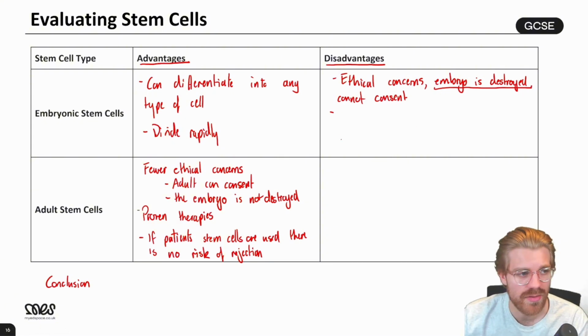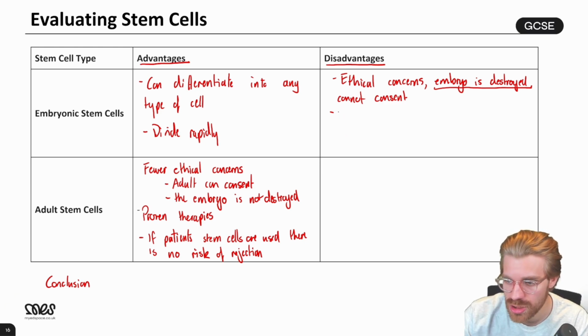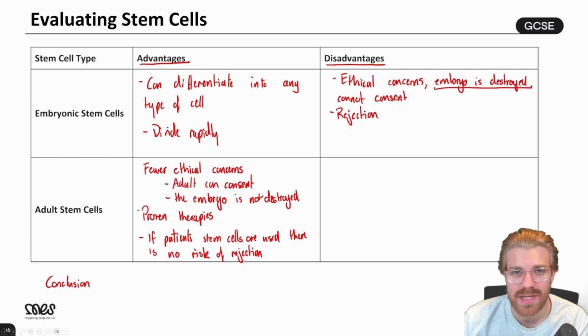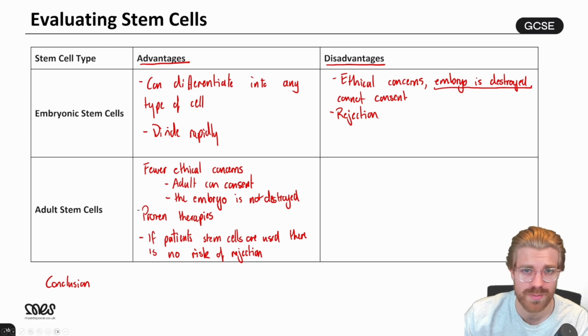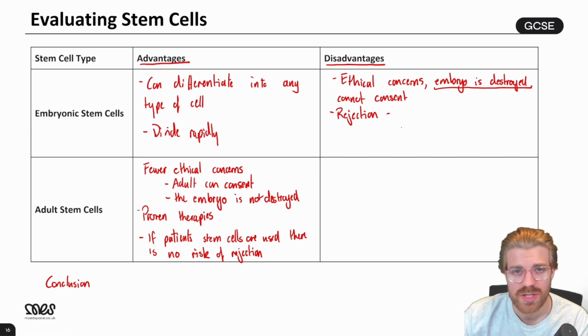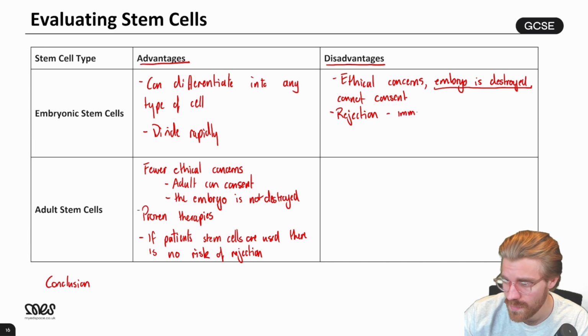In addition to that, other disadvantages are that there is a potential risk of rejection. The patient will recognize those embryonic stem cells as being non-self, i.e. not part of their own body, and that would trigger an immune response. To counteract this, the patient would have to take immunosuppressants.